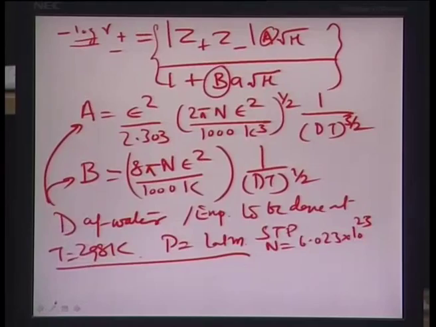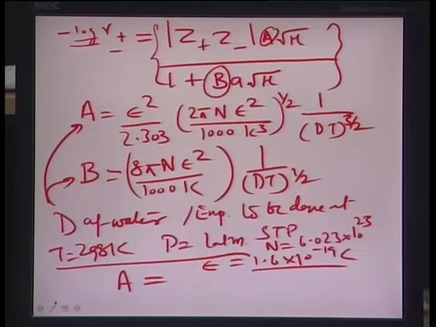So, therefore, we can calculate the values of A and B. Also the e here is 1.6 × 10^-19 coulomb, charge of 1 electron. So, A encompasses all these constant values. You have a K value for the Boltzmann constant, you have 1000 N, you have e², and you have the dielectric constant for water and temperature 298 Kelvin.